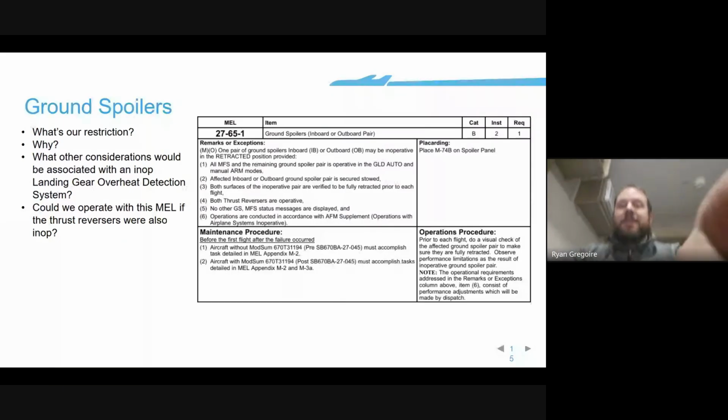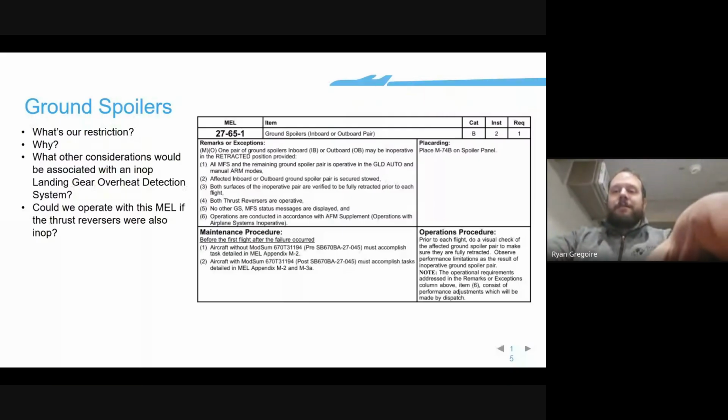Also, there could be takeoff penalties because part of our takeoff calculations is the assumption that we have enough runway to stop if there was a critical system failure during the takeoff roll. Questions about that?